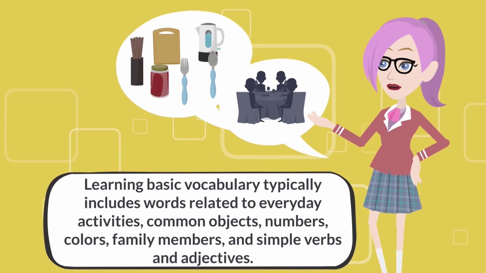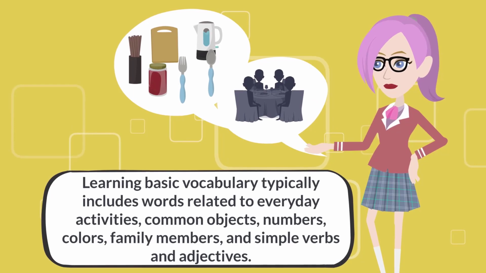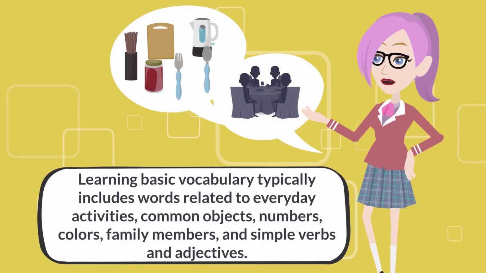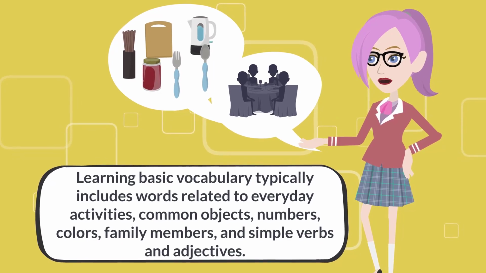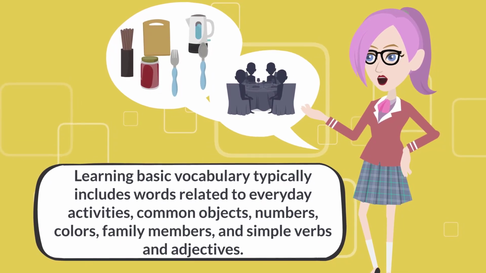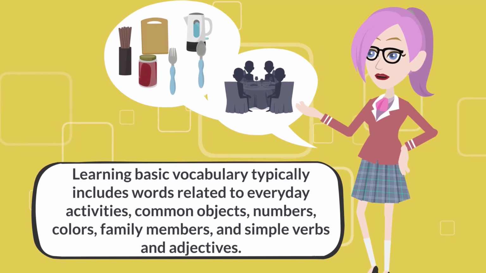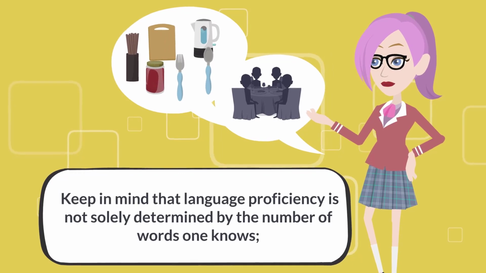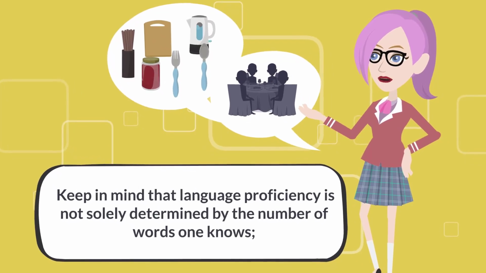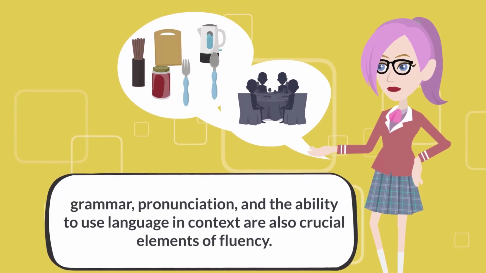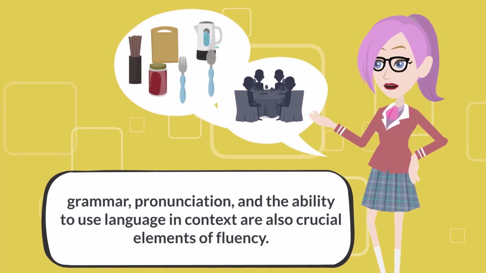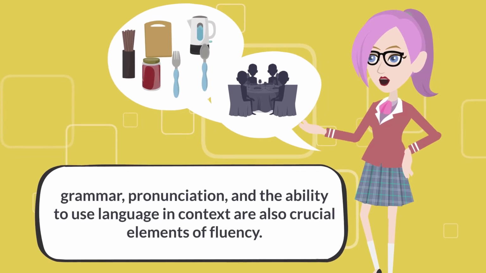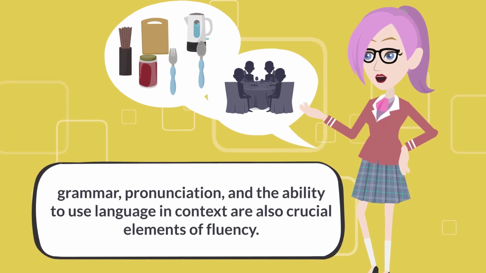Learning basic vocabulary typically includes words related to everyday activities, common objects, numbers, colors, family members, and simple verbs and adjectives. Keep in mind that language proficiency is not solely determined by the number of words one knows. Grammar, pronunciation, and the ability to use language in context are also crucial elements of fluency.